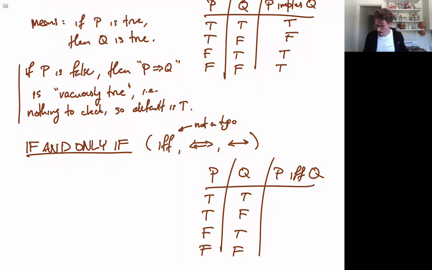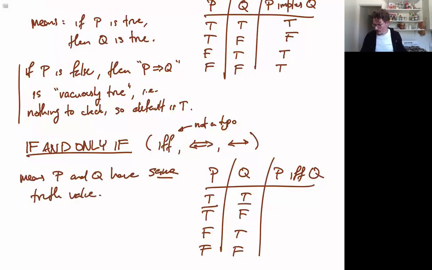So this means P and Q have the same truth value. So if P is true, then Q is true. And if P is false, then Q is false. And in the situation that they're different, that is not satisfied.